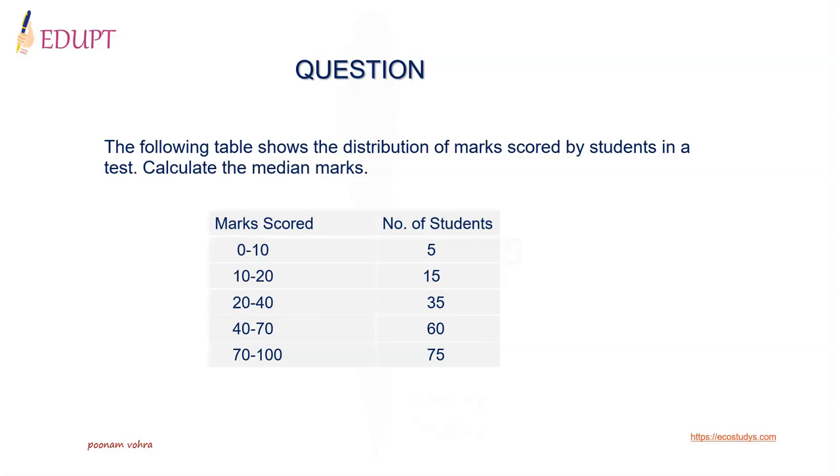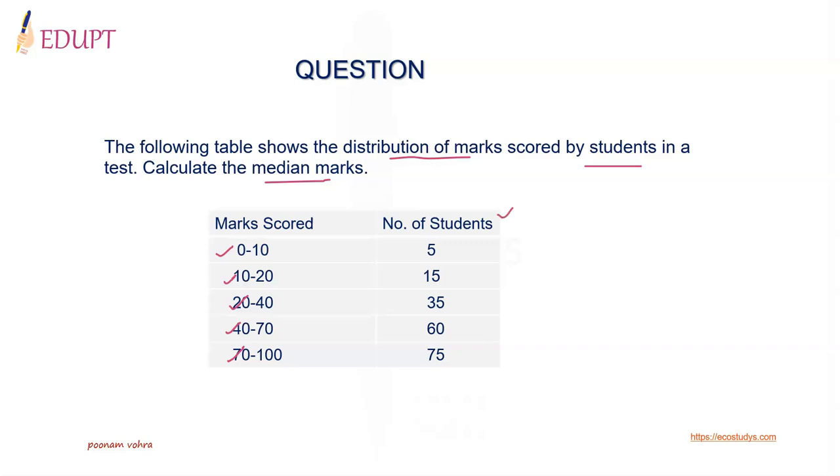The following table shows the distribution of marks scored by students in a test. You need to calculate the median marks. Marks scored are the class intervals given as 0 to 10, 10 to 20, 20 to 40, 40 to 70 and 70 to 100.